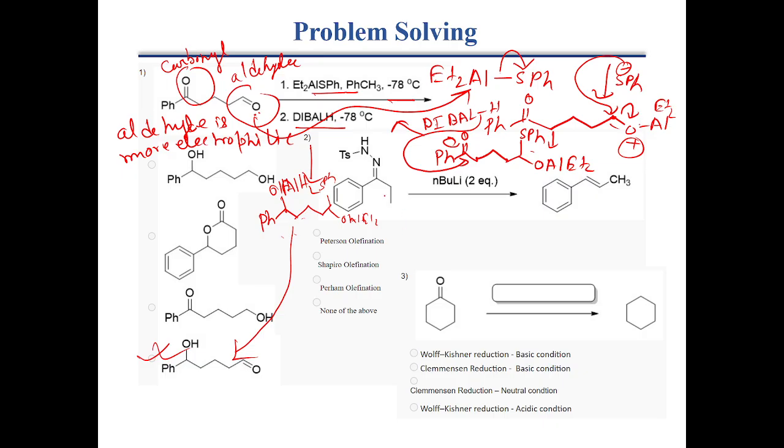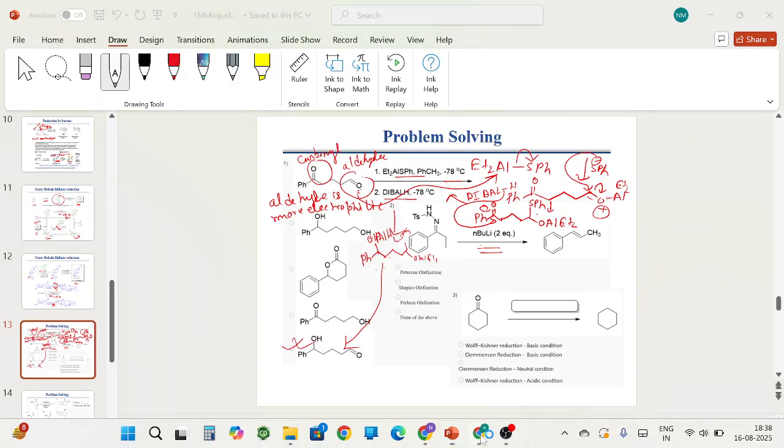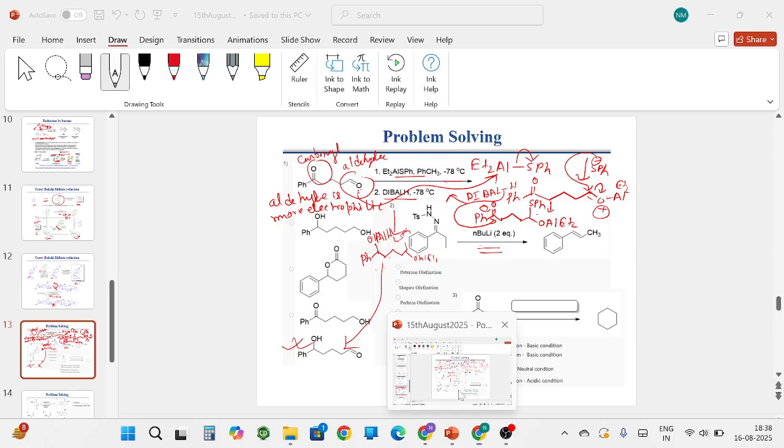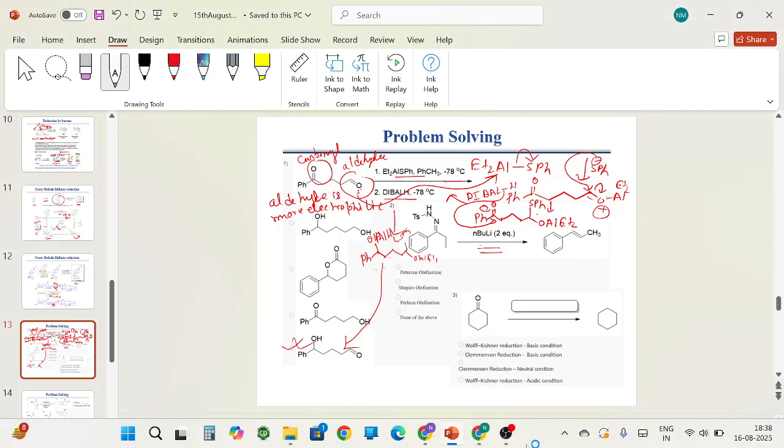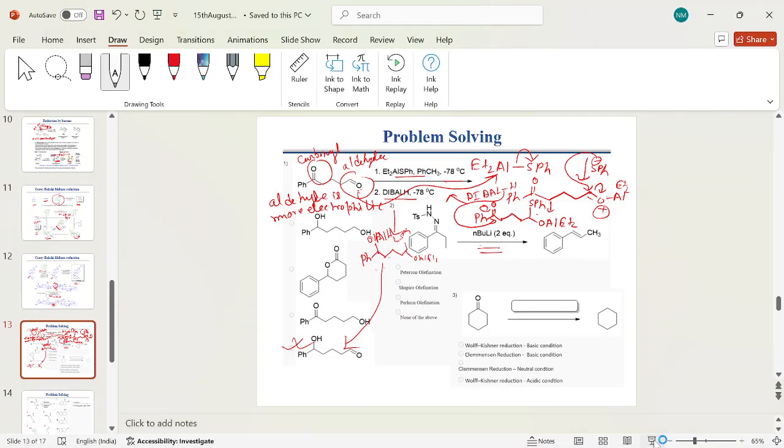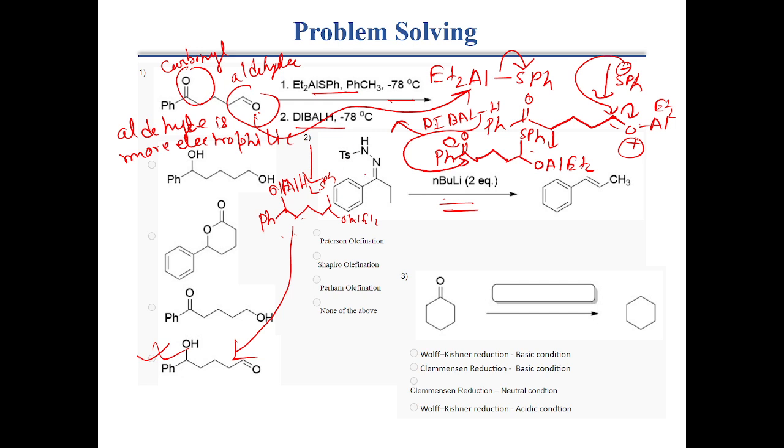this. Tosyl hydrazine in presence of butyl lithium, 2 equivalents. So previously we have discussed, so this is an example of Shapiro reaction. So what happens is this is how this alkene is formed.